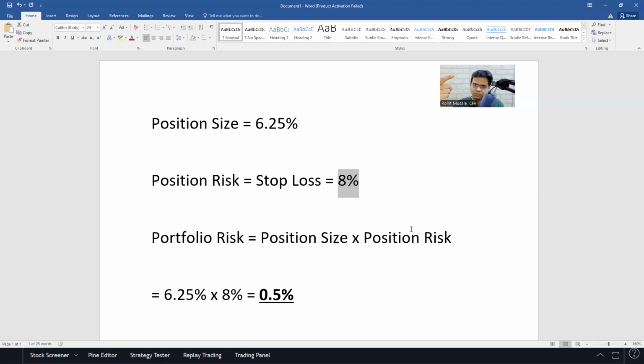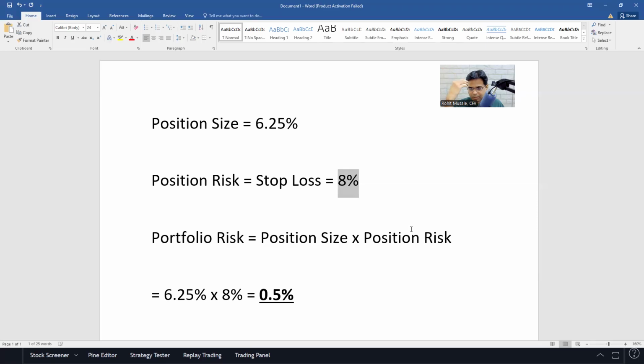So, your personal situation, your personal risk appetite, and number three, your realized gain. In the last 4 or 5 trades, if you have a good realized gain, then on your sixth trade, you should take a higher position size, provided the market conditions are good. However, if in the previous 4 or 5 trades you have booked a loss or you are at break even, then can you take a bigger position size on your sixth trade?